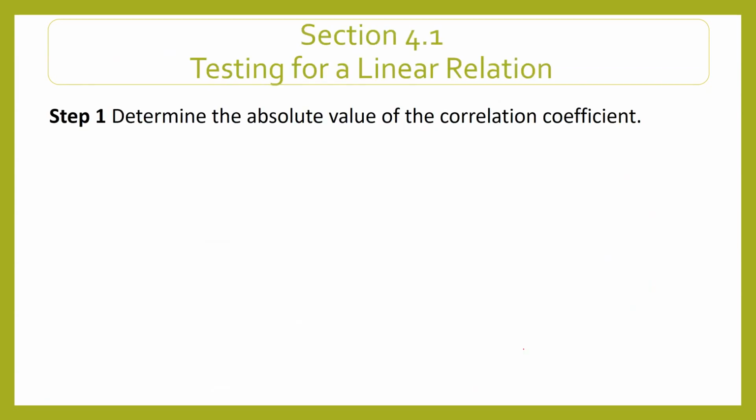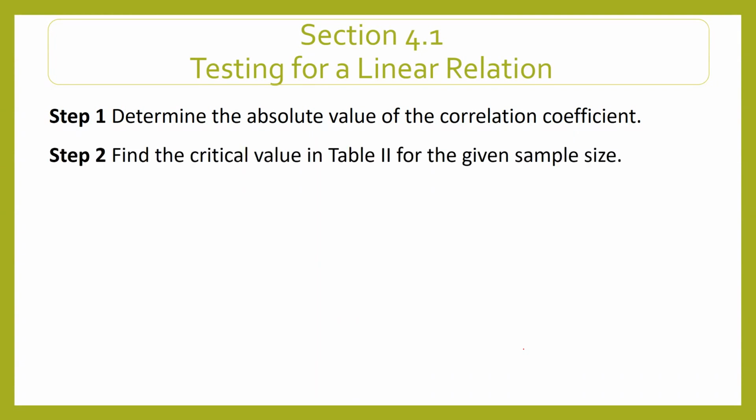All right, how do we test for linear relation? Once you get the value, remember that strong evidence does not mean exactly that. So how do we test it? First step, determine the absolute value of the correlation coefficient. It means that if it's negative, you take the absolute value. All right, so find the critical value in table 2. I'm going to show you the table very soon, and it is everywhere.